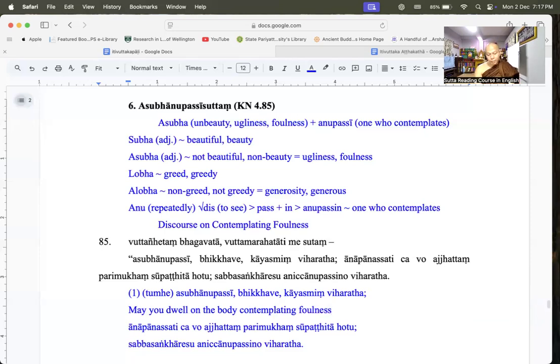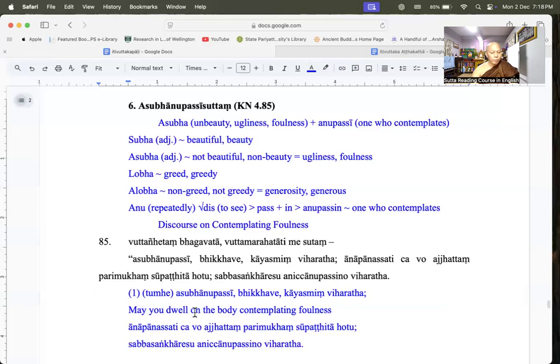So that means you should dwell. You should, all the time, while sitting, while lying down, while walking, or while standing, in all postures. So you should dwell contemplating formless on the body. So dwell on the body, contemplating formless.